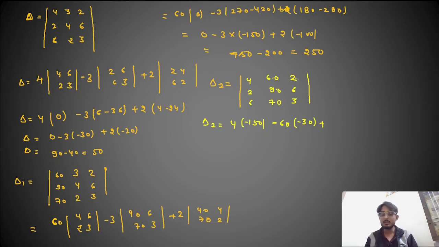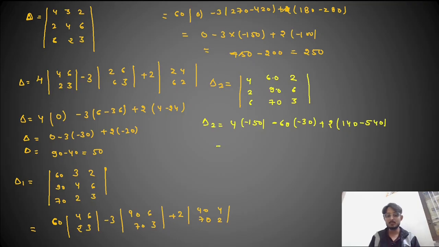When you eliminate first row and third column, you will get 2 9 6 70. So when you multiply 2 into 70, you will get 140 minus 9 6s are 54, 540.